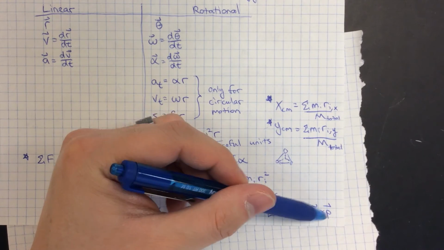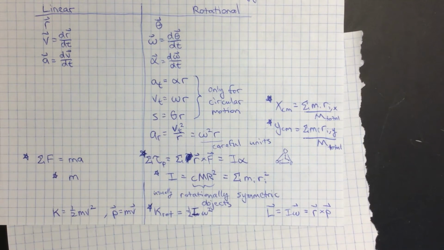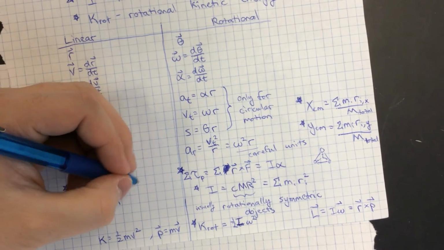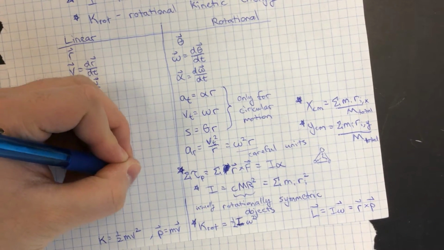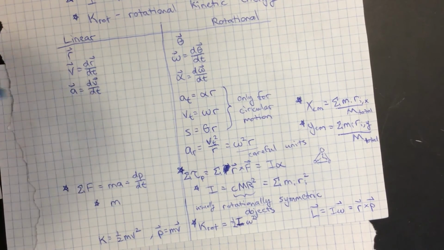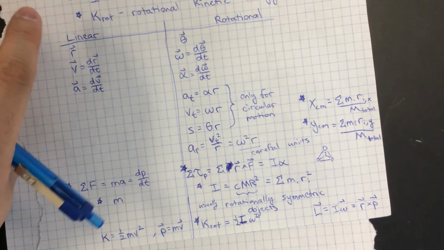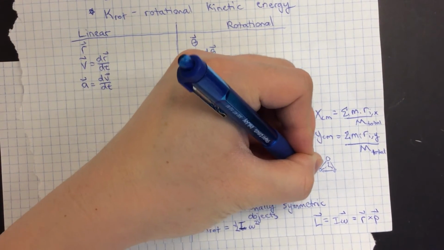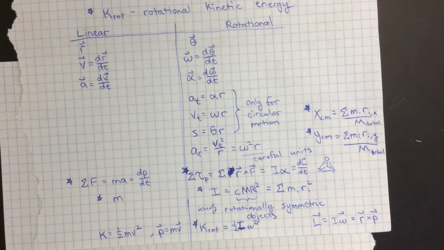Let's not worry about this one too much for now. Let's look at just I omega. Actually, let me go back real quick. We also said with momentum that your force is like a change in momentum over a change in time, right? So actually, a torque is also a change in angular momentum over a change in time.